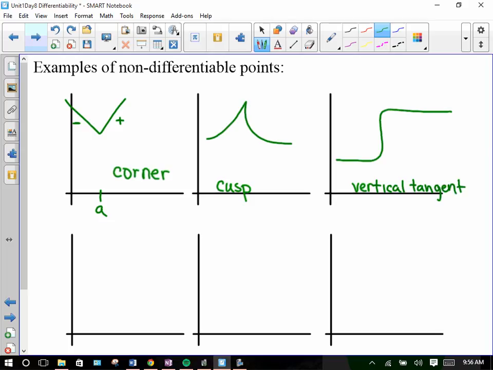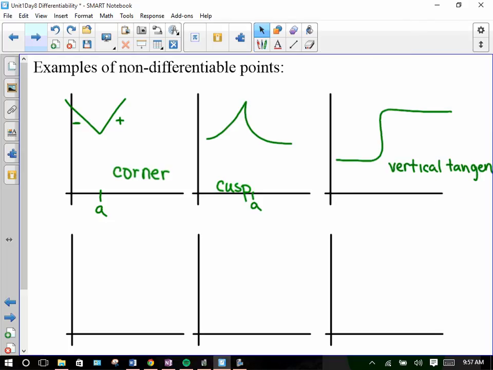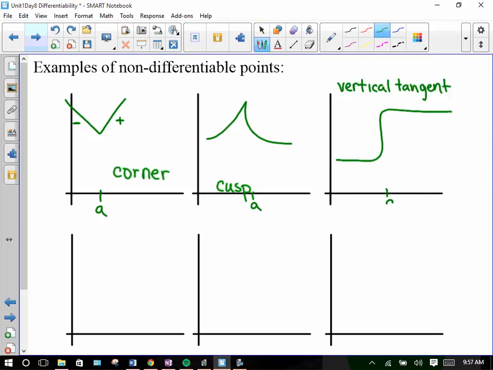This is A. What this is saying is that at x equals A, my tangent line, extremely exaggerated here, would be a vertical line.